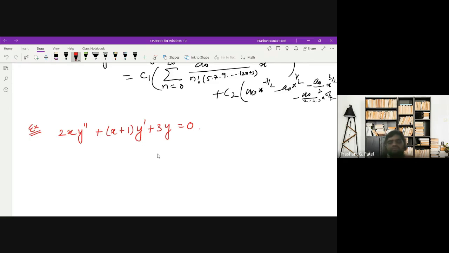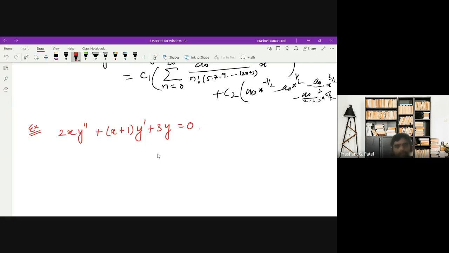So first you have to check whether this differential equation has a regular singular point or not. If it does not have a singular point, then we cannot go further.